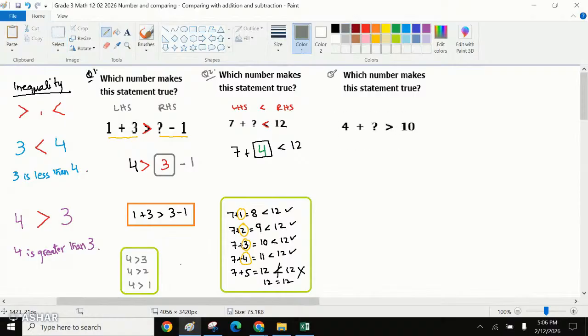Let this be our question number 3. So what is a possible number? If this was the left-hand side and this is the right-hand side of the equation, okay?